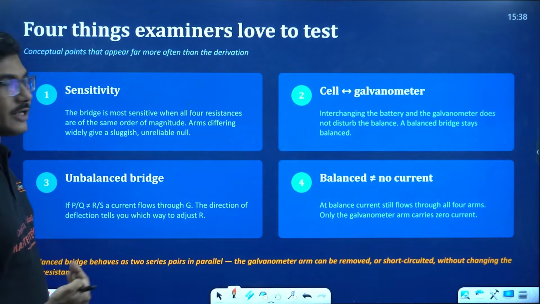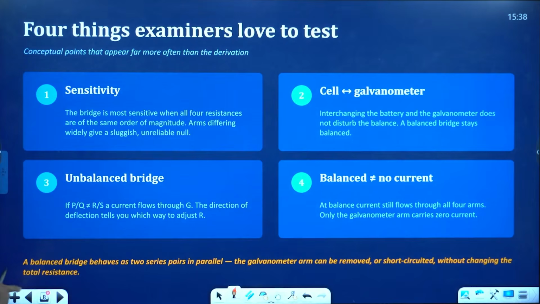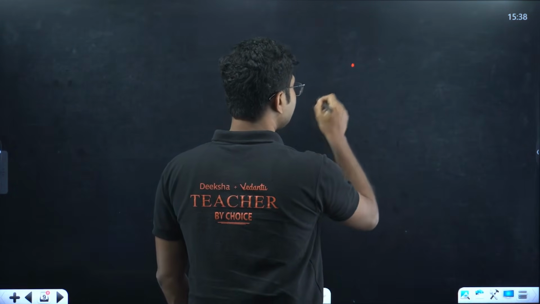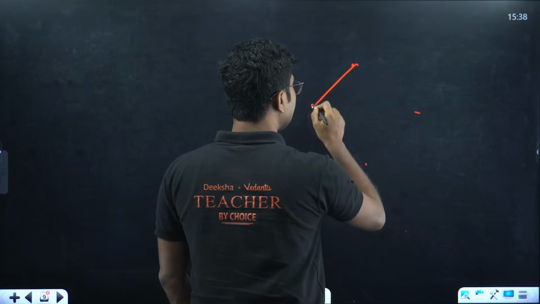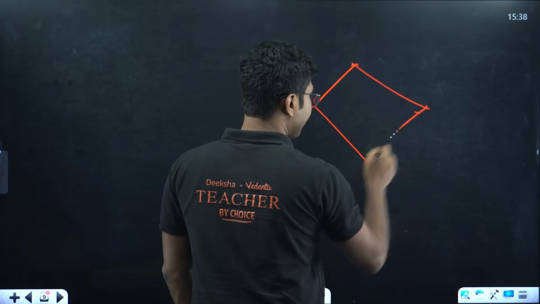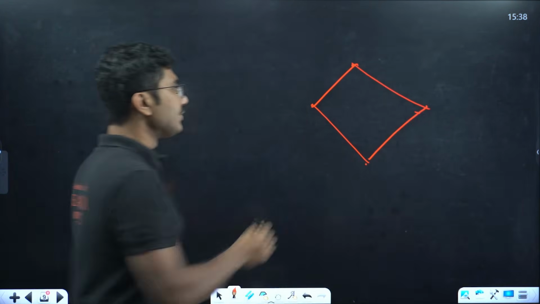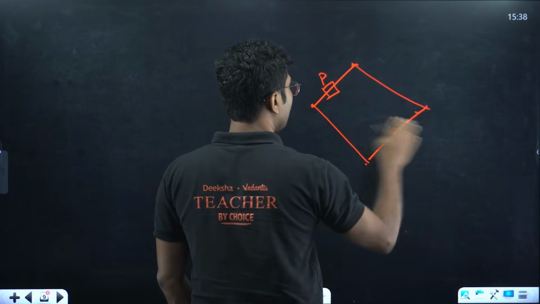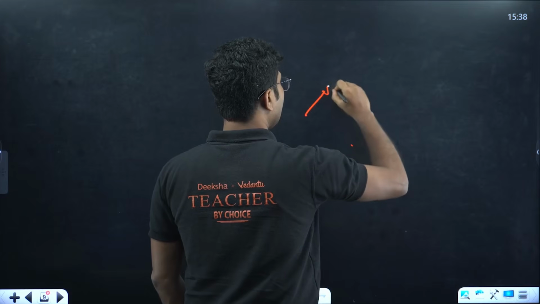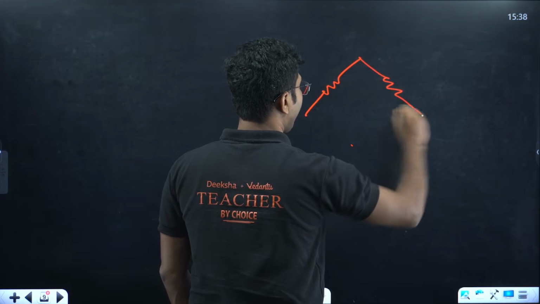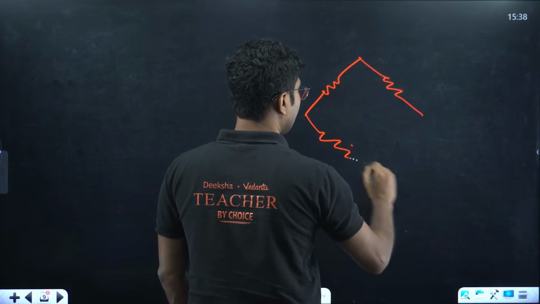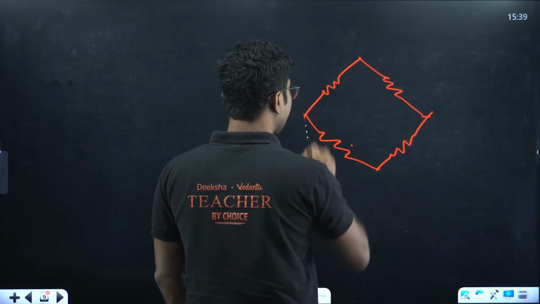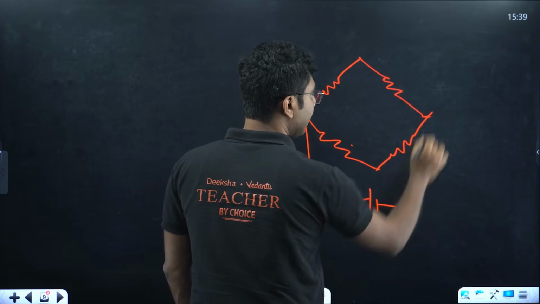Now at balanced condition, another important point. If you consider the balanced condition of a Wheatstone bridge, no current passes through the galvanometer, so you basically delete the galvanometer. Galvanometer is no longer required. You just consider these resistances P, Q, let me draw it, P, Q, R and S. You can completely ignore the galvanometer, only this circuit is sufficient.